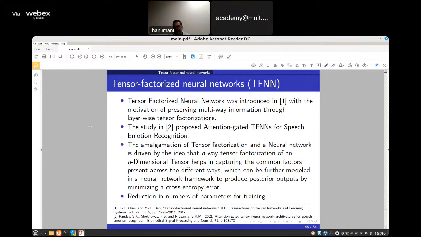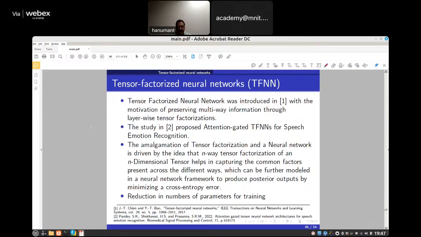Okay, so the next thing is very simple. Now we want to use this tensor thing in neural networks. That's a very interesting thing we have to do.